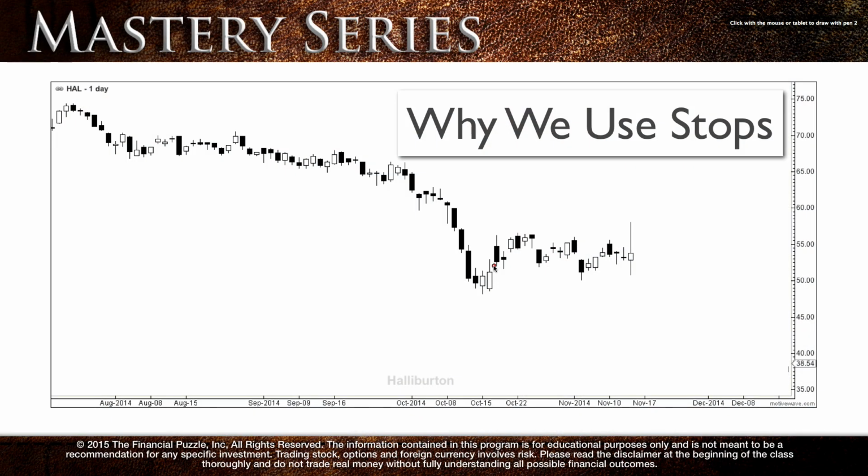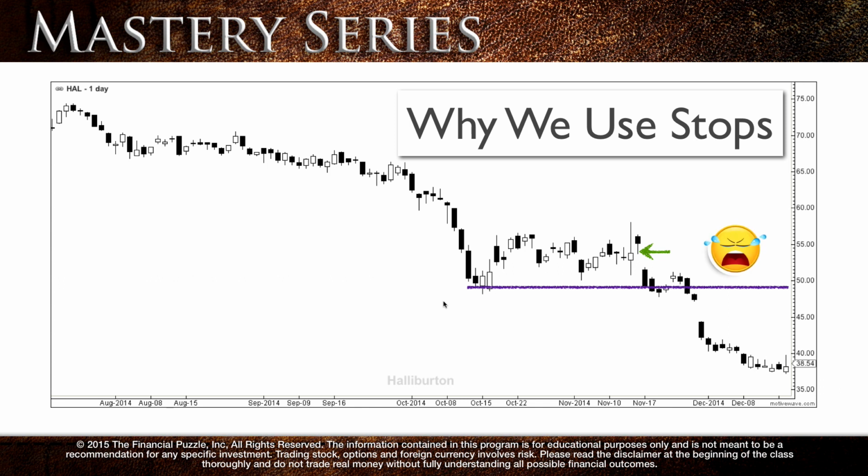Let's take a look at this example over here and notice that Halliburton has sold off and we're starting to establish a support level down here. So if you take a trade like this, you might look at it establishing support and you're thinking, this is my trade. This is the one that's going to go up. This is going to make me a lot of money. In fact, I think it could go up $20 or $30 a share. And so you go out and you buy a few hundred shares of Halliburton, and then what happens? Almost as though they're watching for you specifically, the trade starts to sell off.